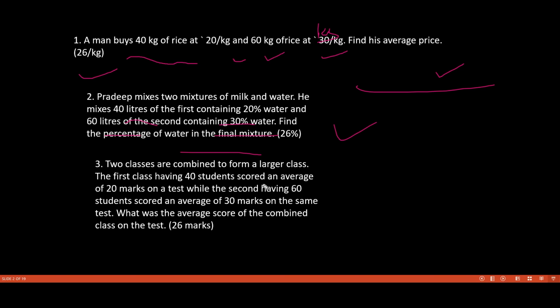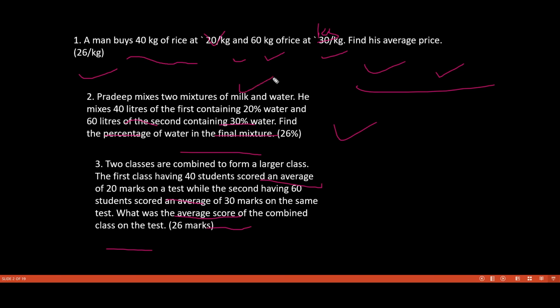Two classes are combined to form a larger class. The first class has 40 students who scored an average of 20 marks on a test, while the second, having 60, scored an average of 30 marks on the same test. So what was the average score? So you can see, when the price of two commodities is given, then the average price can be found.